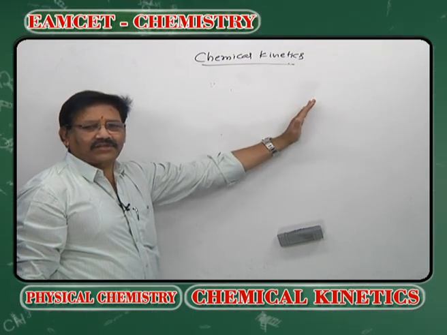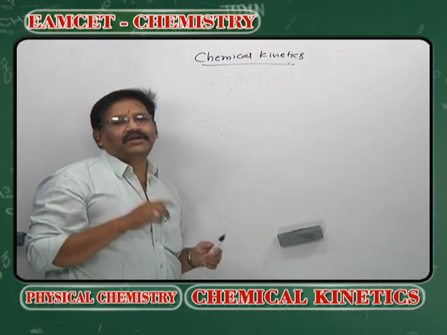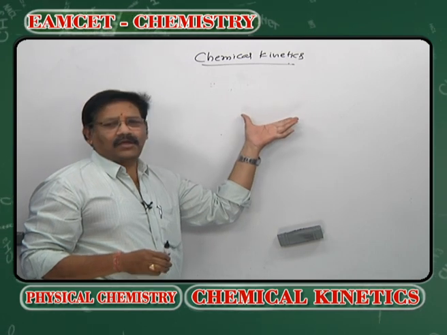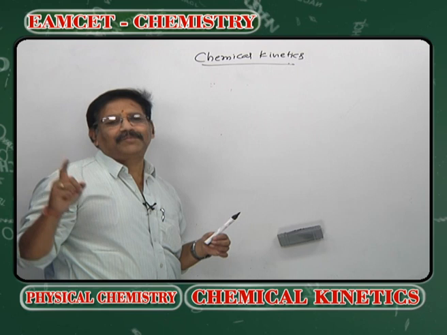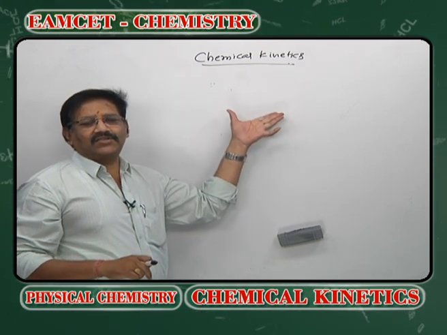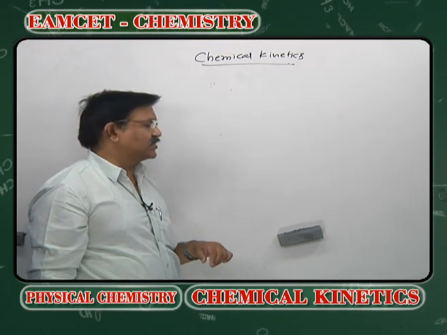Therefore, rate of the reaction also decreases. Only exception is for zero order reactions. Among all reactions, only zero order reactions proceed with uniform rate, because in zero order reactions, rate of the reaction does not depend upon the concentration.